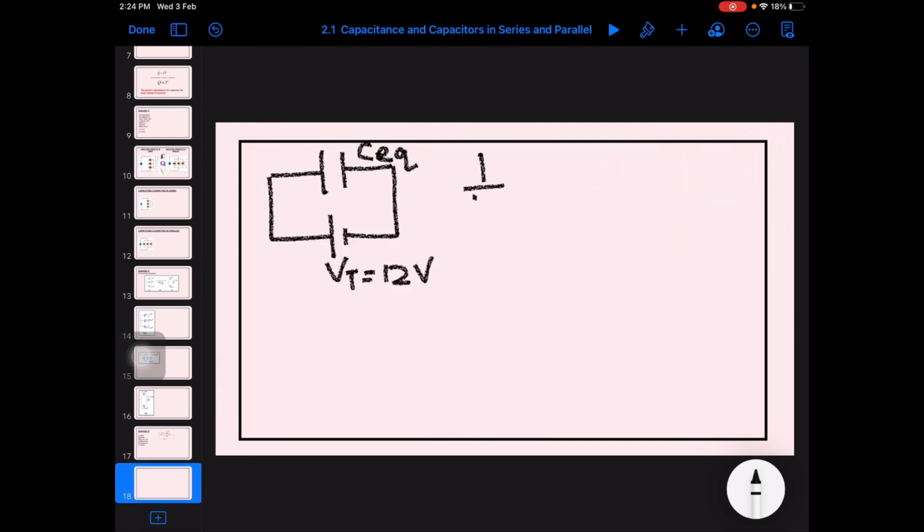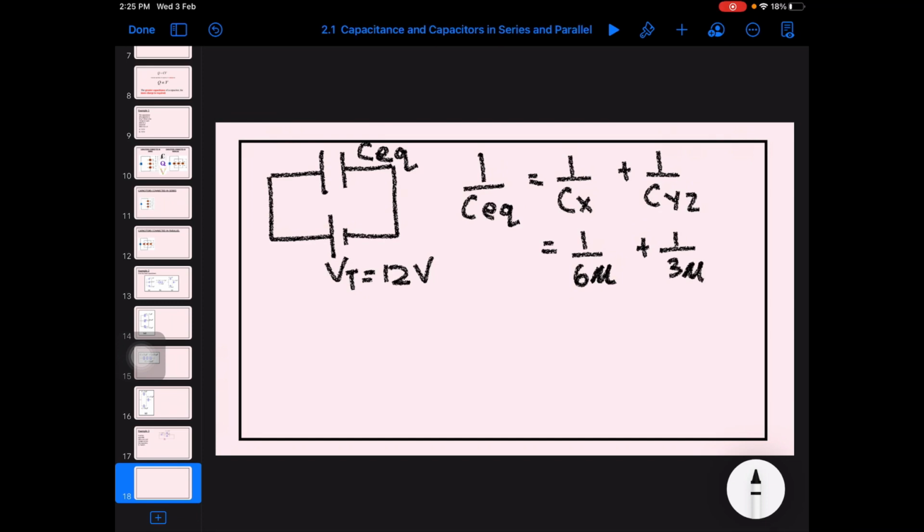So 1 over C equivalent equals 1 over Cx plus 1 over Cyz, which is 1 over 6 micro plus 1 over 3 micro. So 6 inverse plus 3 inverse. C equivalent is equal to 2 microfarad.